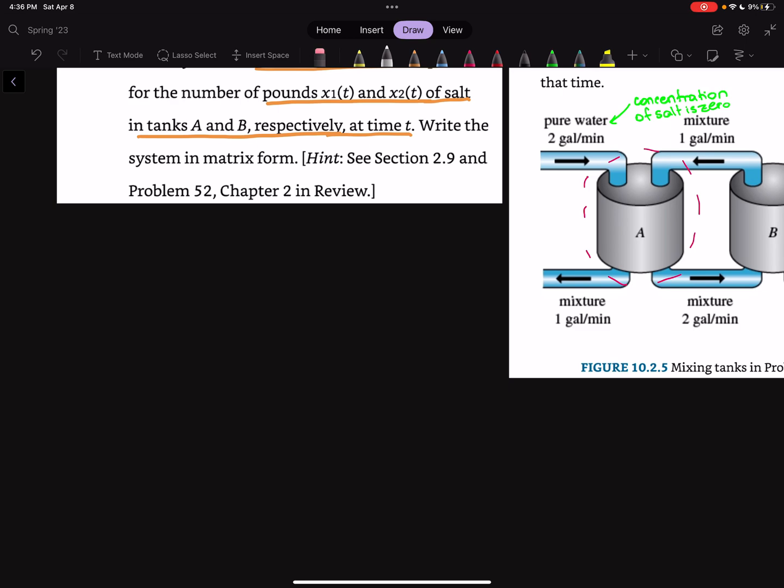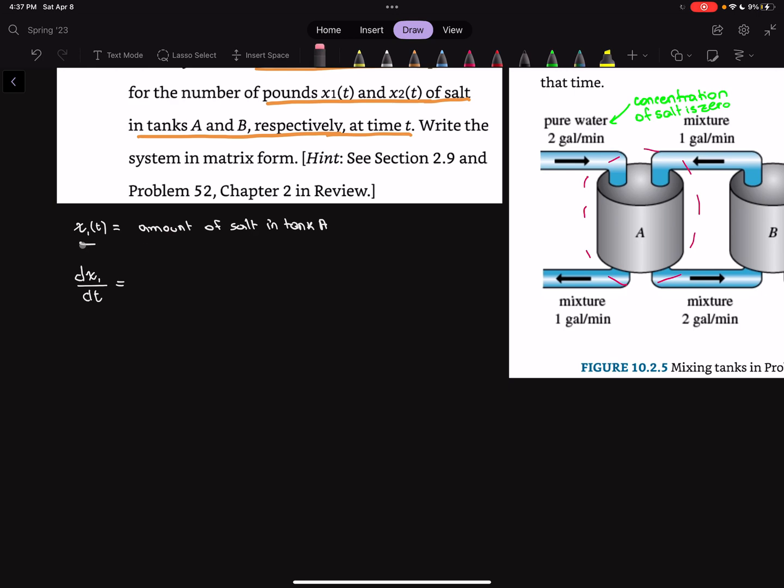With a single tank, we could say that the rate of change of, okay, let me say that x1 of t is the amount of salt in tank A. Now if I write dx sub 1 dt, I mean the derivative of that amount of salt.